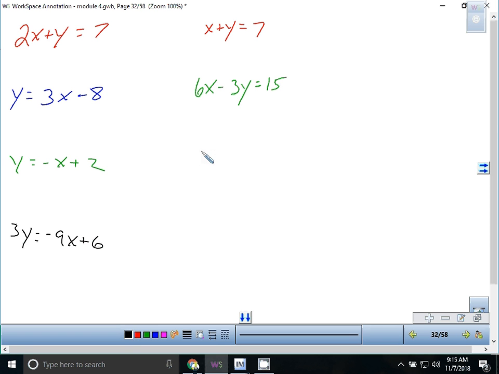Let's do negative x plus 3y equals 12. Then let's finish it up. We got one more here.